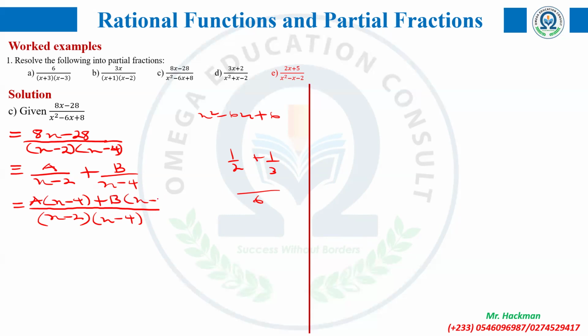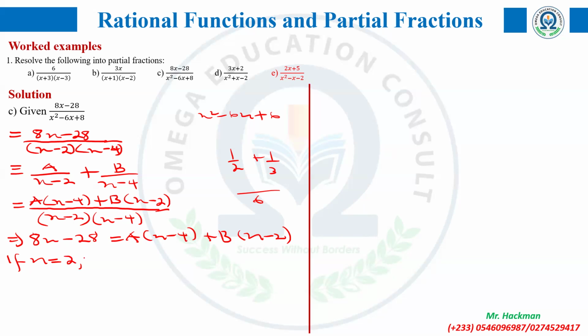At this point, you equate. So this implies that 8x minus 28 will be equal to A into x minus 4 plus B into x minus 2. If you want to cover up B, let x be equal to positive 2. Substitute 2 here.